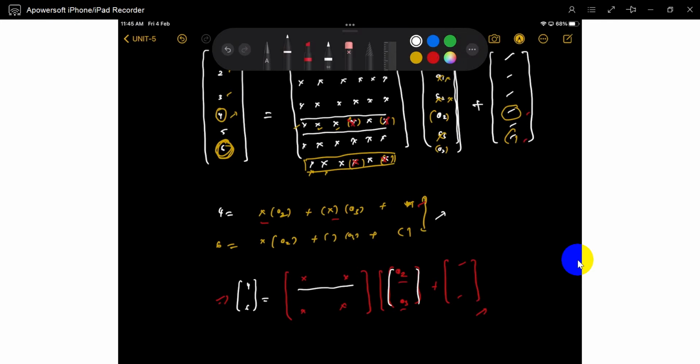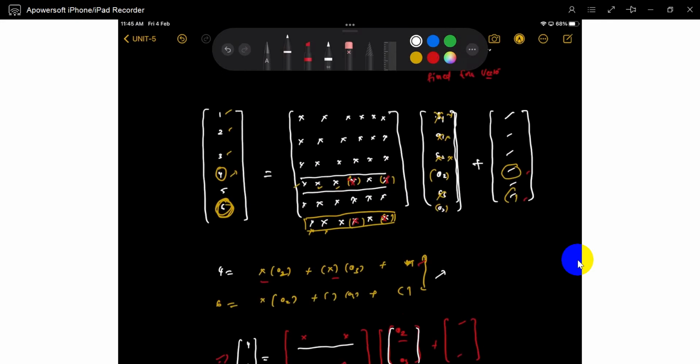But by matrix, what my interest is, if anything, this value is 0, you can strike out this row and this column. If it is 0, you can strike it out. If theta 3 is also 0 and the third variable is 0, you can strike out the third column and the third row.